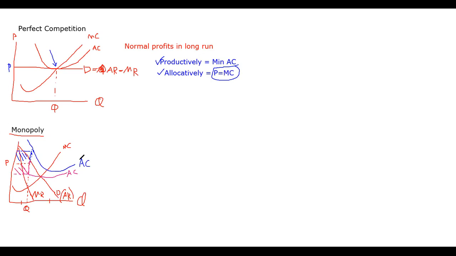Anything else you think we need to add to monopoly, Ayub? We can talk about the discriminating monopolist. This is the single price monopolist. We can also talk about the price discriminating monopolist. In that case, I think the AR curve is the MR curve.